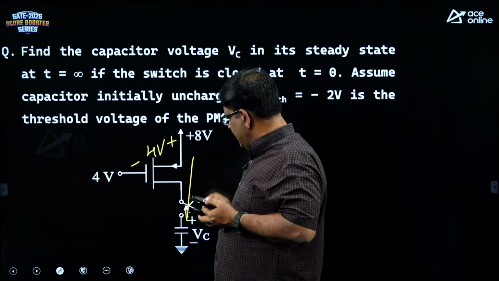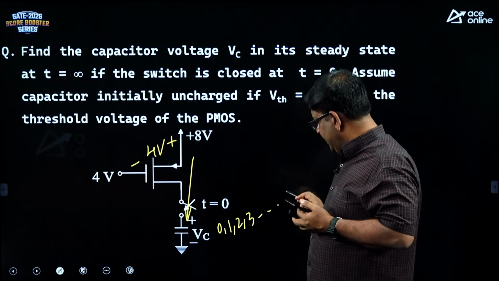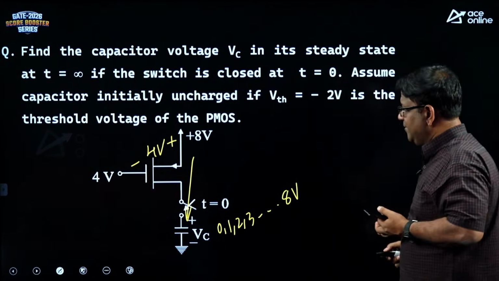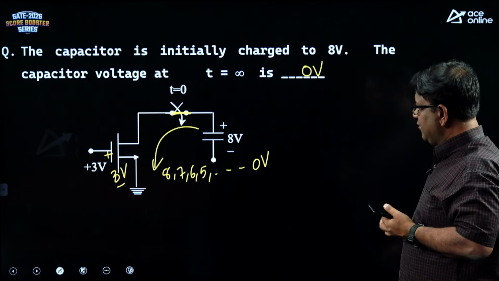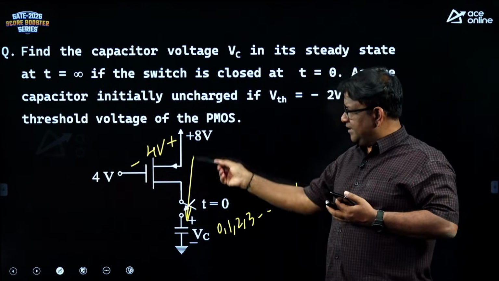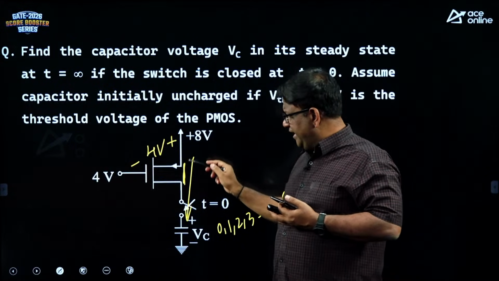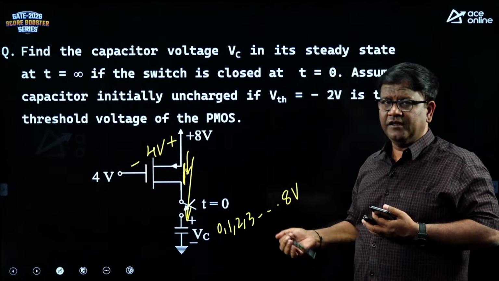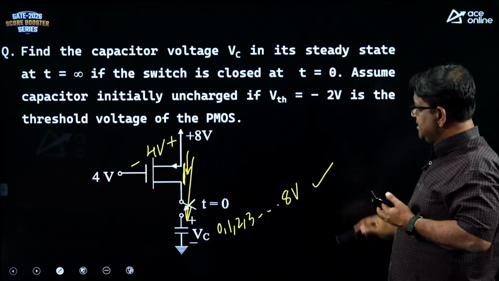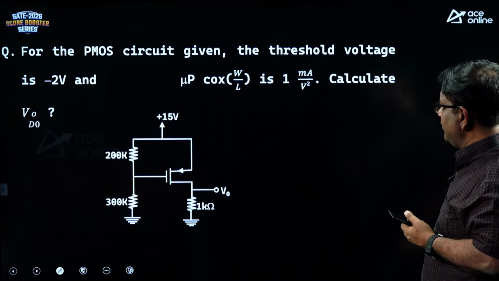So, this capacitor will keep on charging, say from 0, 1, 2, 3 like that till it touches 8 volt, because permanently in the previous problem or this problem you have given VGS equal to 3 or 4. So, definitely it will go to its steady state till this MOSFET goes to triode region. Even in triode current will flow, do not forget it is not just in saturation, even in triode the current will flow until it touches 8 volt. So, these are simple questions.